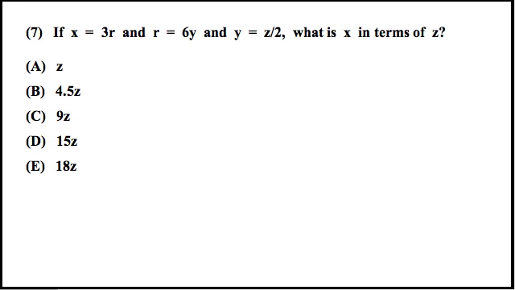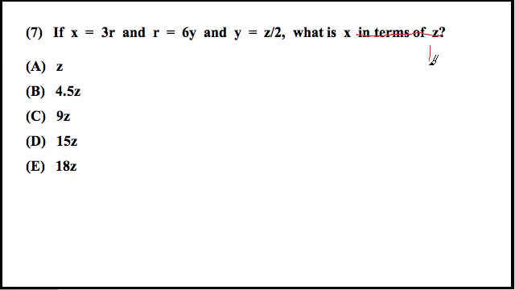You can pause the screen if you want to try this on your own. So here, if x is equal to 3r and r is equal to 6y and y is equal to z over 2, what is x in terms of z? Okay, so the arithmetic question becomes what is x, and we choose a number for z.